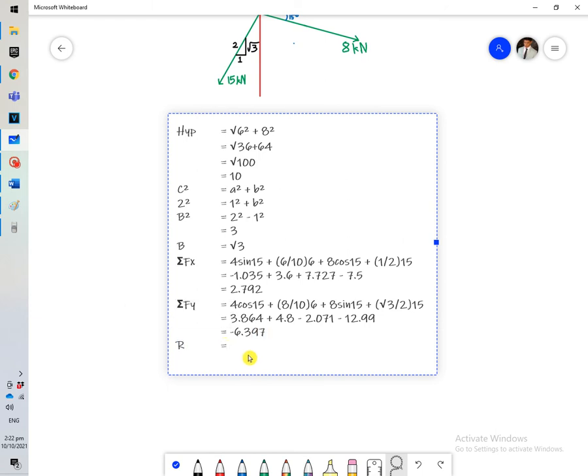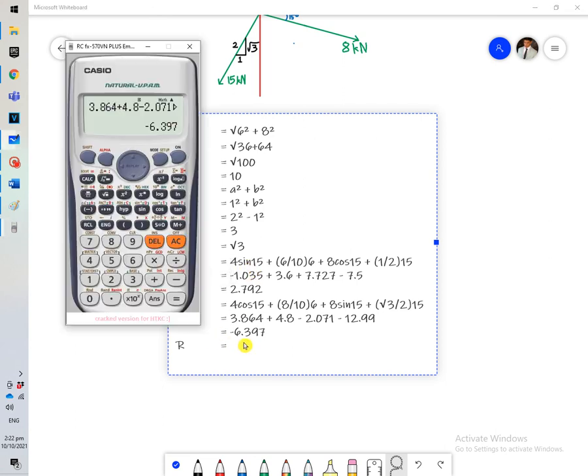So, si resultant can be found by square root of the summation of the forces along x-axis squared plus summation of forces along y-axis squared. So, kunin na natin. 2.792 squared plus 6.397 squared.